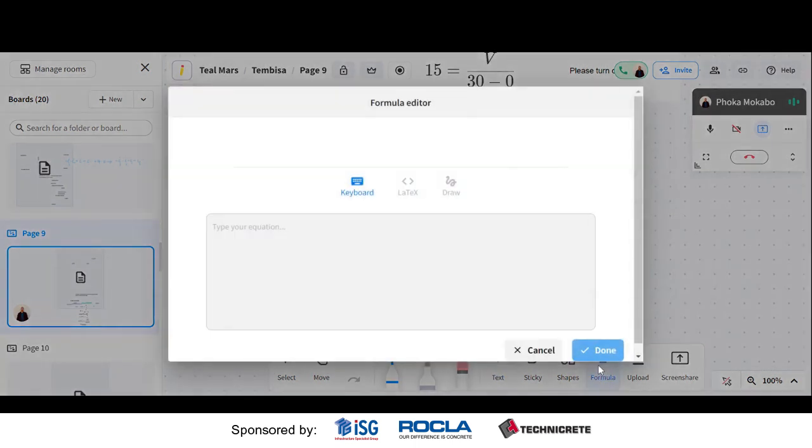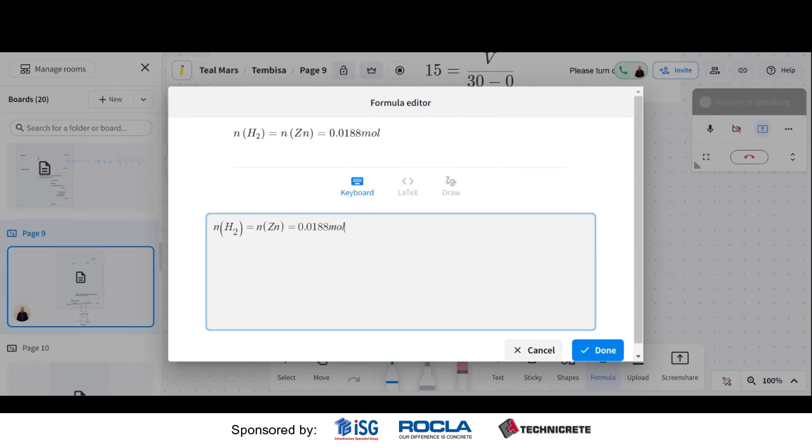So in actual fact, you can say number of moles of hydrogen gas is equal to number of moles of zinc in solid form, and they're both equal to 0.0188 moles.